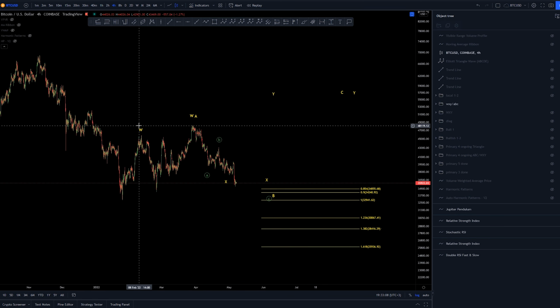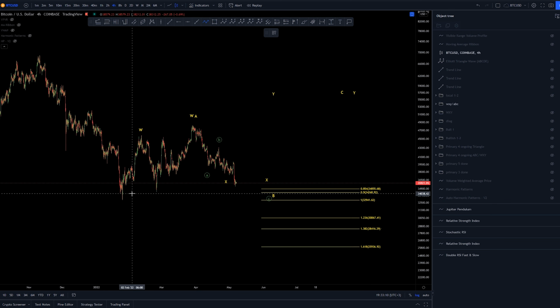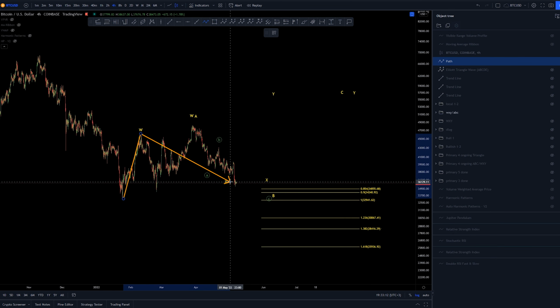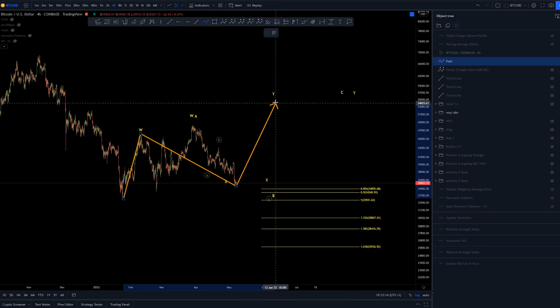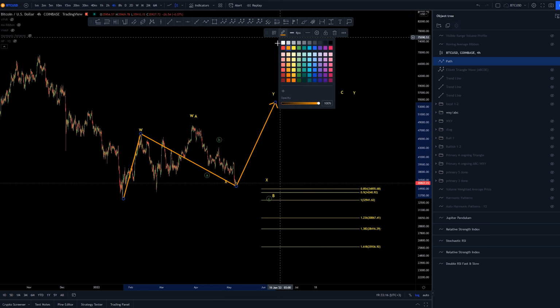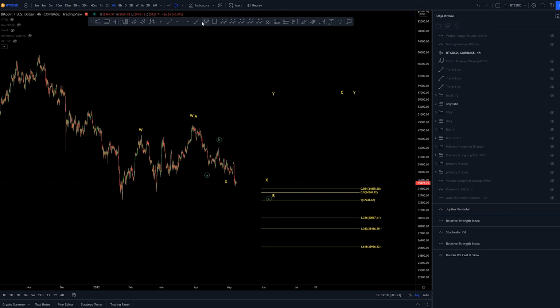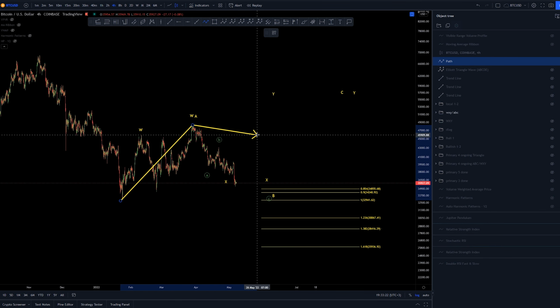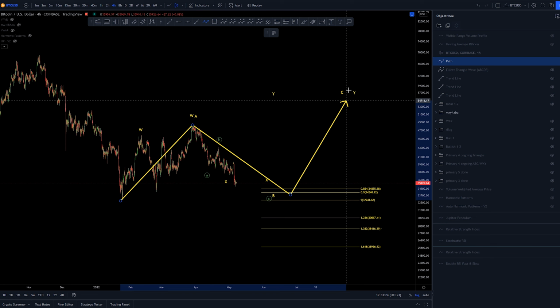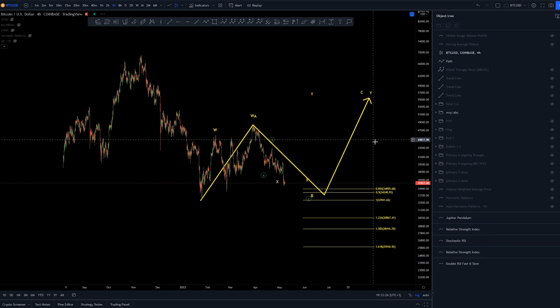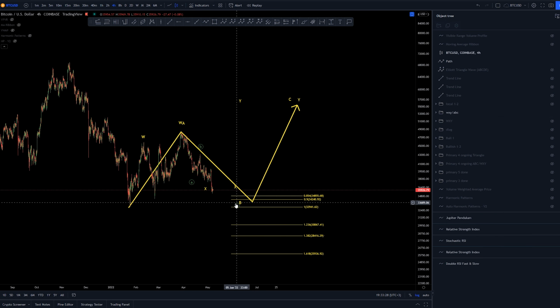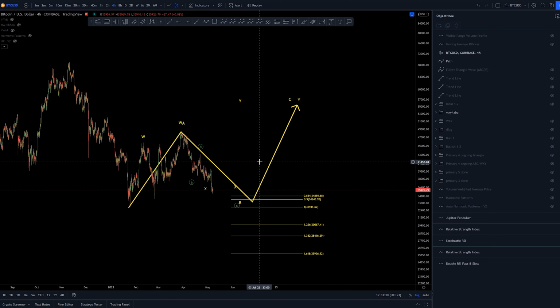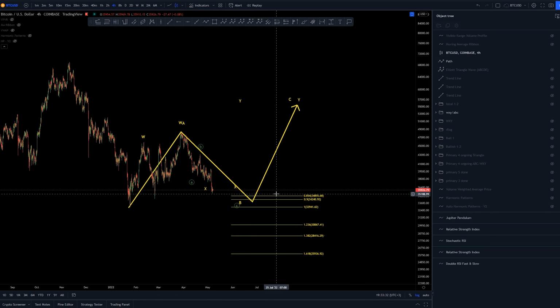For WXY counts, we could have a W here, making this some sort of a count into Y, or we could have this as the three-way move into W, then another three-way move here and another three-way move up here. Whether these are W's, WXY or ABC counts, we can't be sure yet.